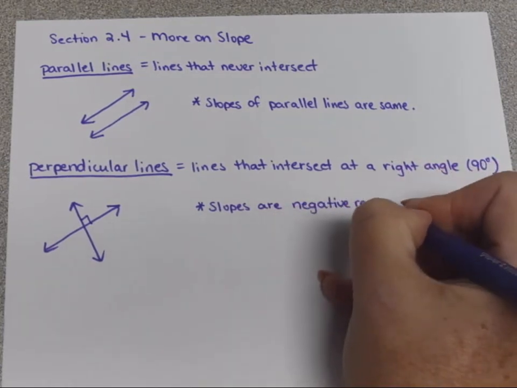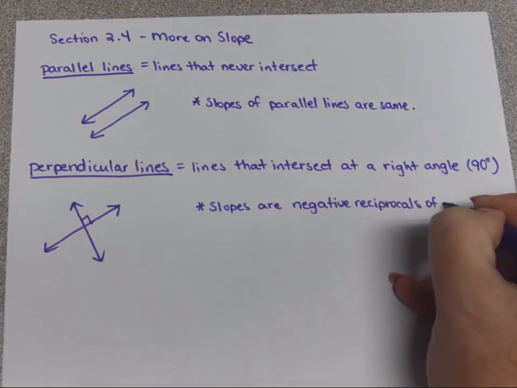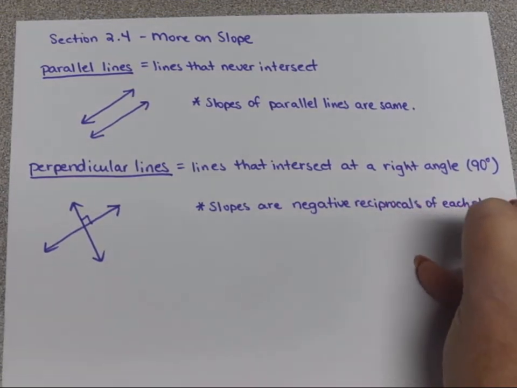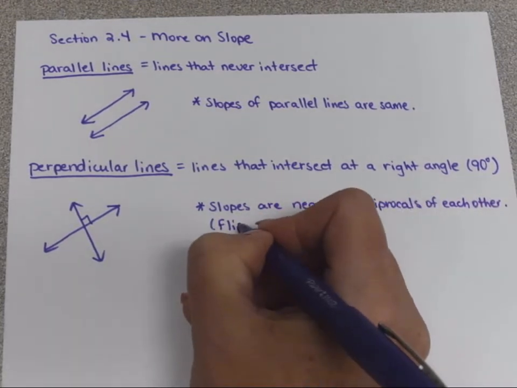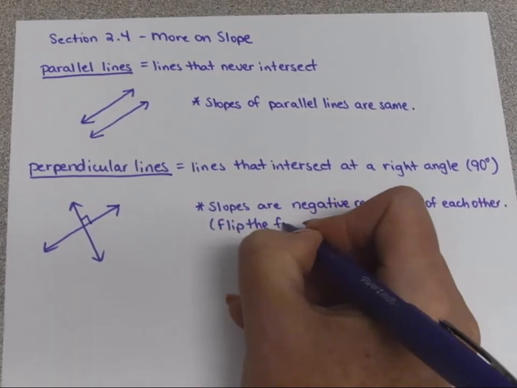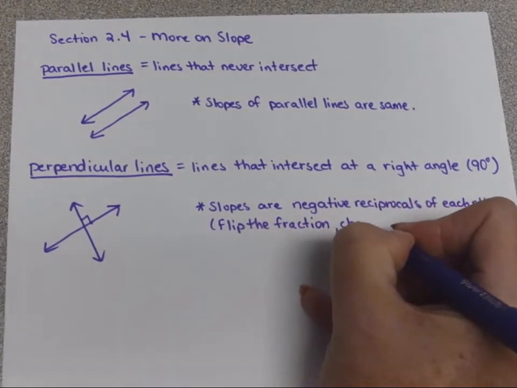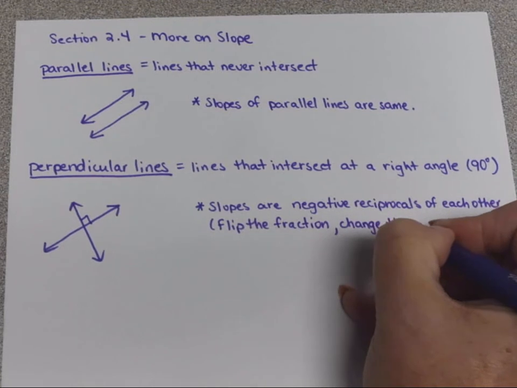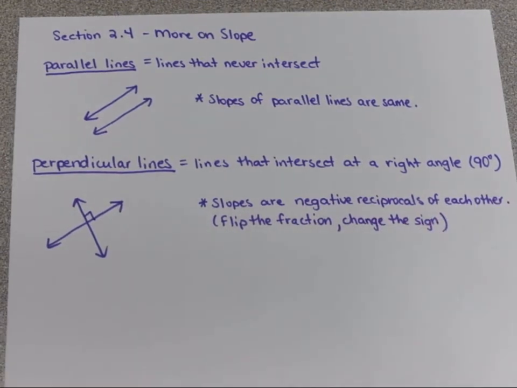That's a really long way to say you flip the fraction and you change the sign. So if one is negative, the other one has to be positive. And also, they're not necessarily going to have the same number slope either, unless the number is 1, because when you flip 1, it still stays 1.